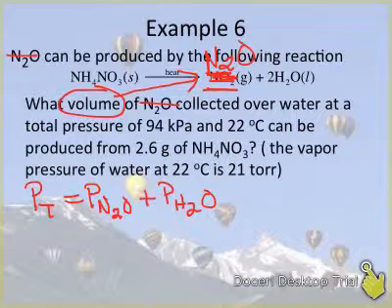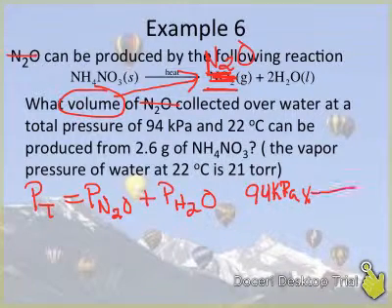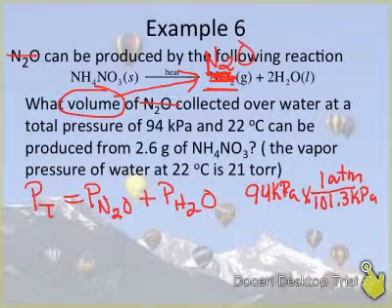You can look up a different R value, but I like atmospheres, so I'm going to convert them both to atmospheres. So, 94 kPa times 1 ATM over 101.3 kPa, and I get 0.928 ATMs.